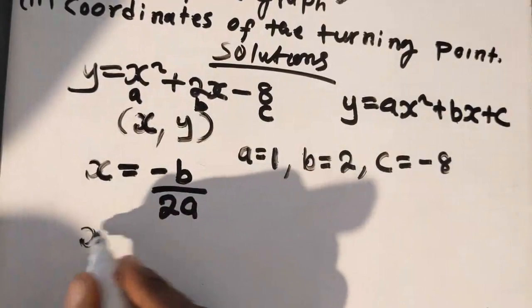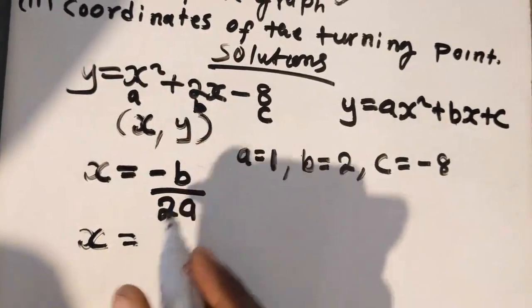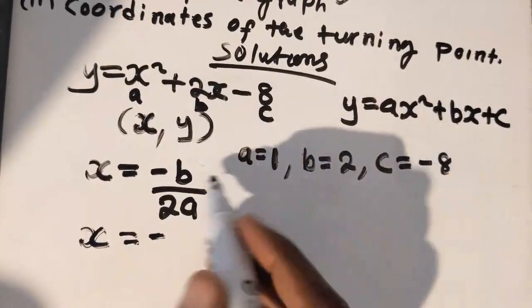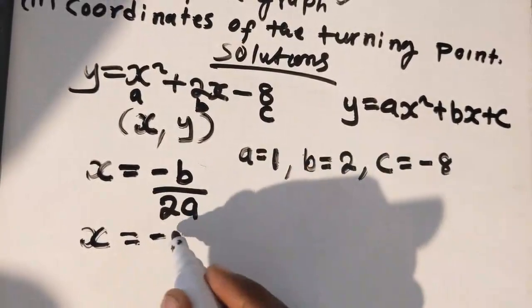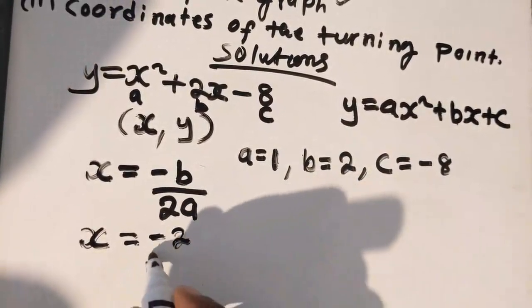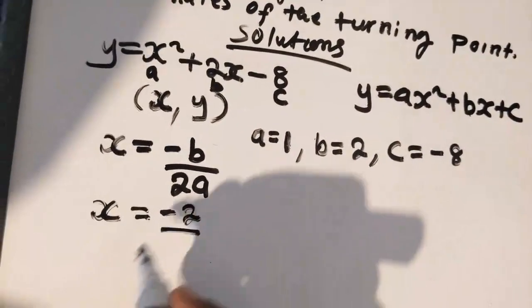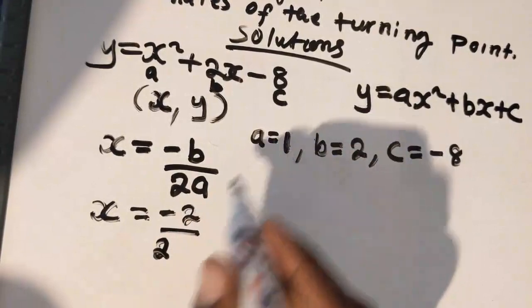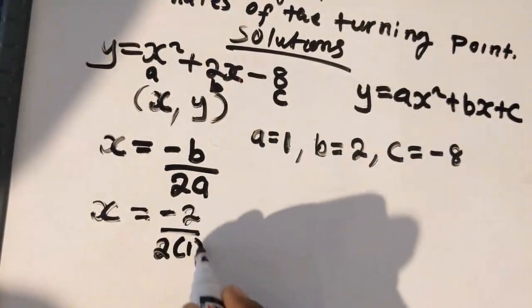So we are going to say x is equal to negative b over 2a. What is our b? Our b is 2, so we put 2 over 2 times a. What is a? A is 1, multiplied by 1.